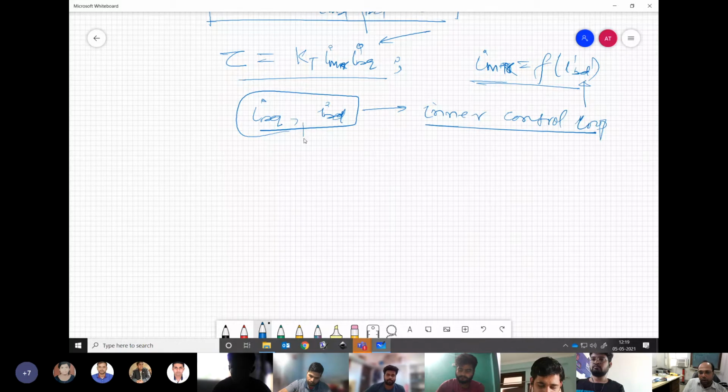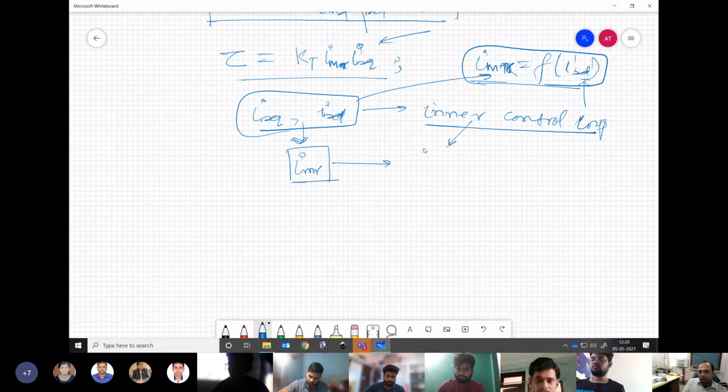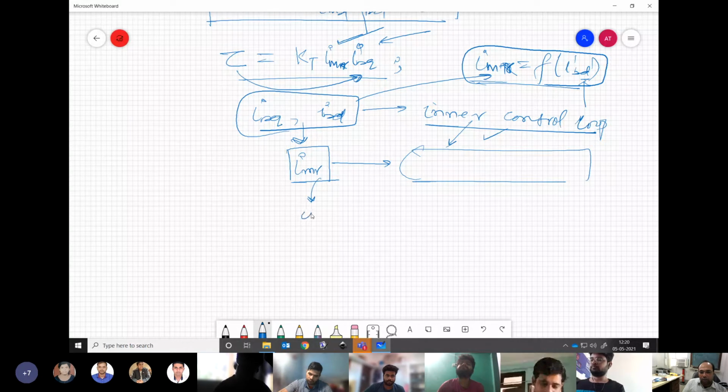Then the next quantity which we need to control could be IMR because it is only dependent on ISD and nothing else. So next we control our IMR, which means the bandwidth can reduce now for IMR compared to the current controller. And then once we have IMR fixed, our torque is only dependent on ISQ, which means the next thing we need to control would be our omega after this.